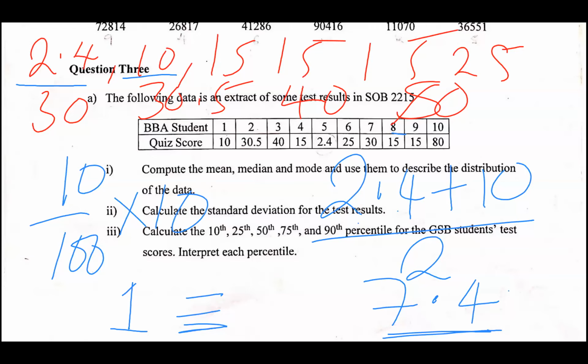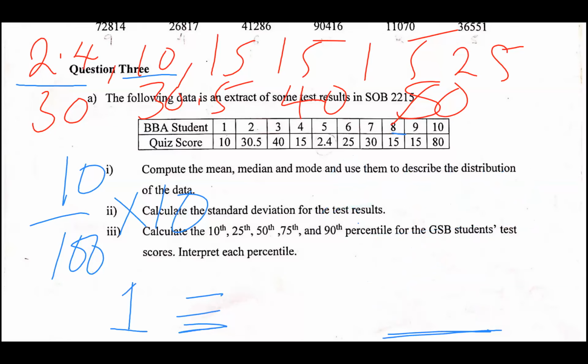These were the scores. So that's what it means: 10% of the people got 7.4 and below. Now we go to the next one.